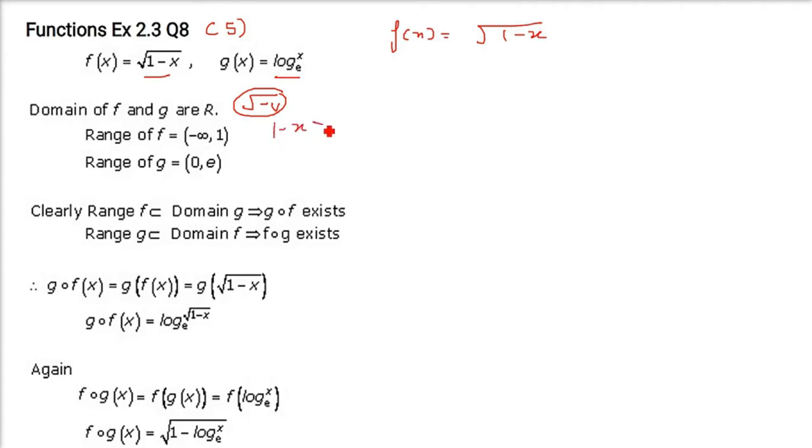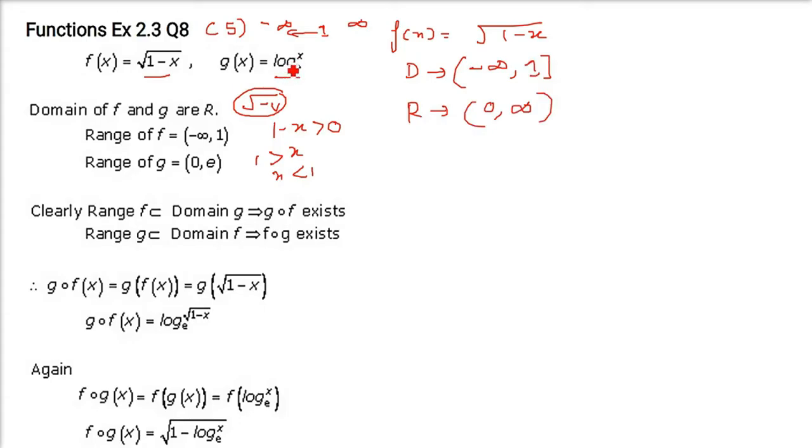So we have 1 minus x greater than or equal to 0, so x should be less than or equal to 1. That means the domain is negative infinity to 1, because all these values give valid function values. And what about the range? Since it is a root, it will always give a positive value, so 0 to infinity.